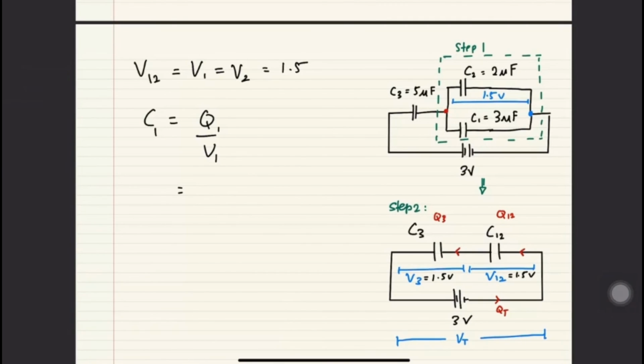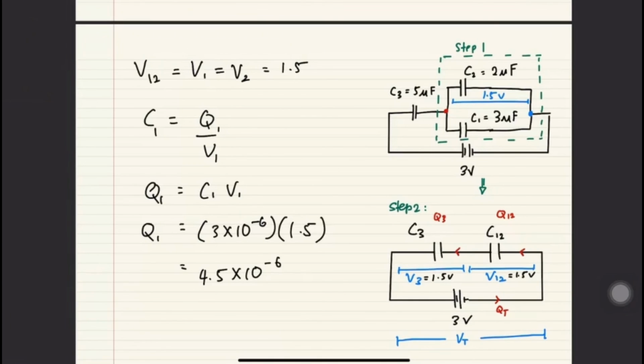Kita nak cari Q. So saya susun dulu. Q1 sama dengan C1 V1. So Q1 sama dengan 3 times 1.5. So I got here is apa ni? 4.5. 4.5 microcoulomb. Okay, very good.